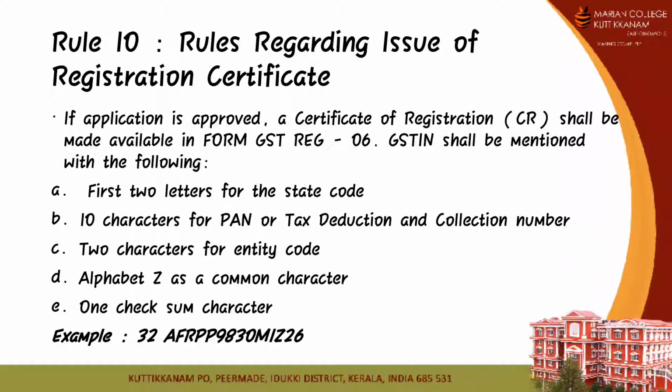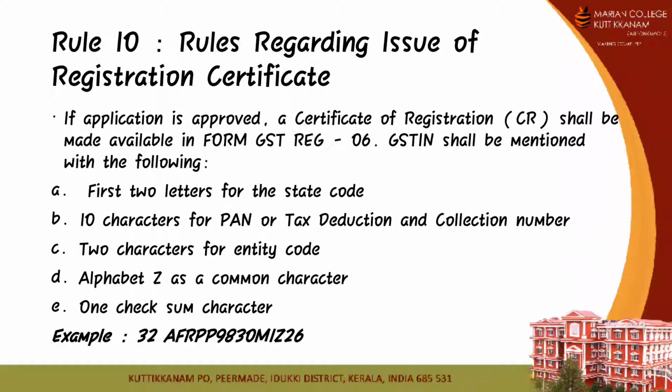Let's see an example. The example given here is a GST number in Kerala. The first two letters, 32, show the state code. 32 is the state code for Kerala, and the next 10 characters show the PAN number, from A till character M, or the tax deduction and collection number of the person. The next character shows the entity number, which is 1.